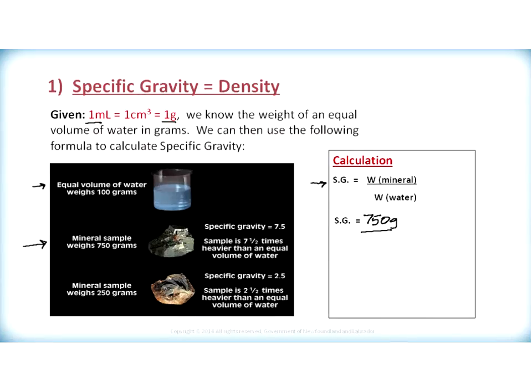If we divide that by the weight of an equal volume of water, which is 100 grams, we end up getting the specific gravity of the mineral, which is 7.5. So the weight of the mineral divided by the weight of an equal volume of water will give you the specific gravity of the mineral. And in this case, our specific gravity was 7.5. Let's look at a second example.